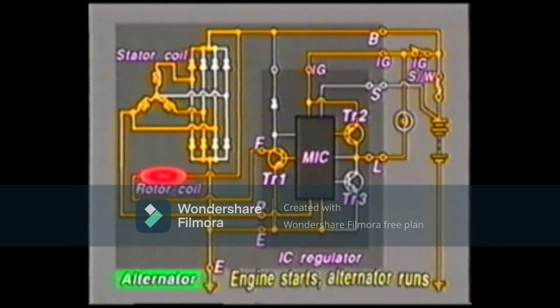When transistor TR1 is on and the voltage at terminal S reaches a standard value, the MIC turns transistor TR1 off. Consequently, the current to the rotor coil is cut off and the voltage at terminal S falls below the standard value. In other words, the voltage of the generated current drops.